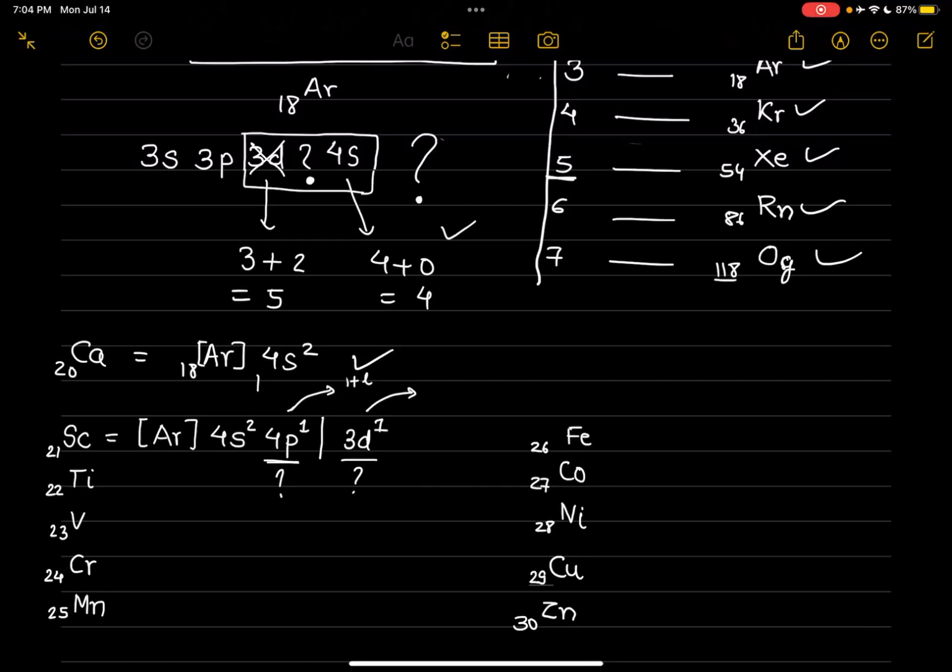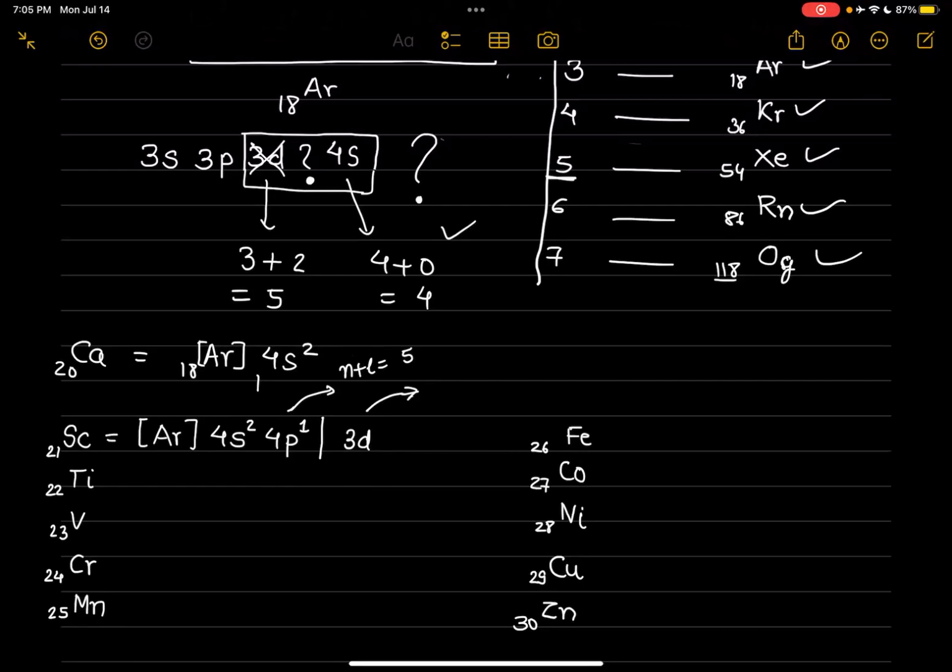So 4p is 4 plus 1. What is the n plus l value? n plus l, 4 plus 1, 5. For 3d, what is the n plus l value? Five.